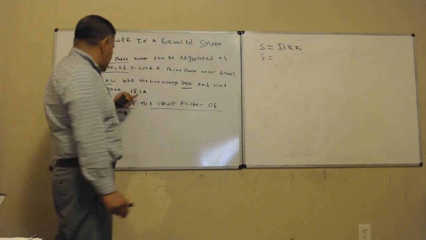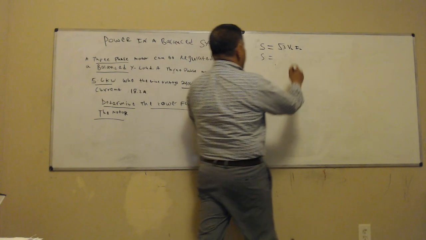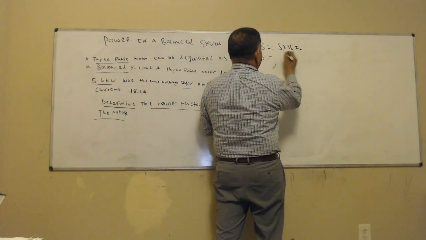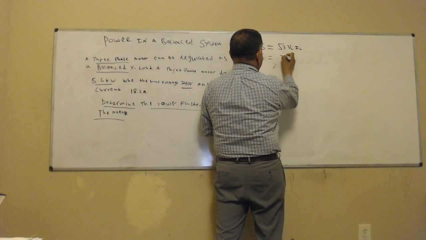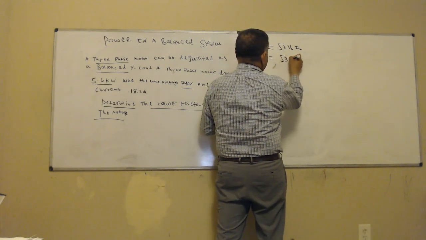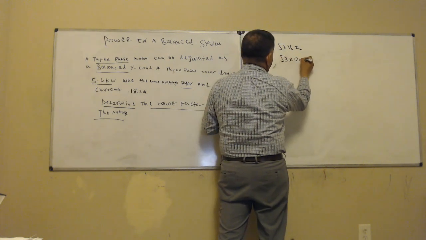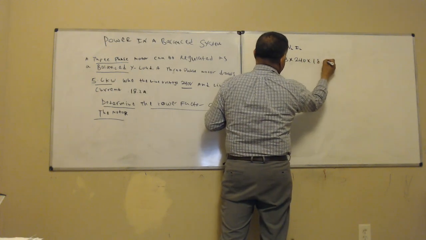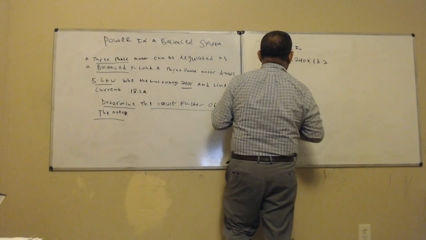So what we did right here is calculate this. It's going to be the square root of 3, which is 1.732, times 220 volts times 18.2 amps. Actually, it's 220, not 240.